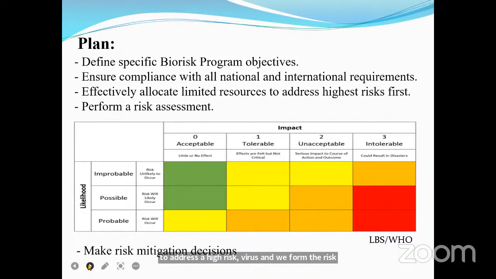To start the risk assessment, we have to have biorisk policies, biosafety officers, and a biosafety committee, and start by using different methods.